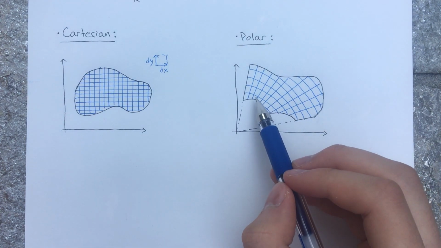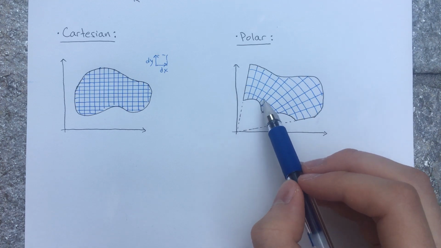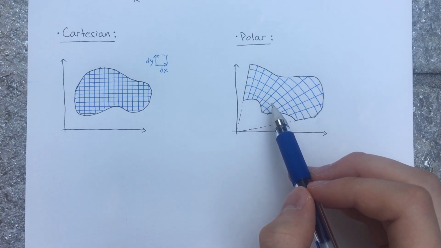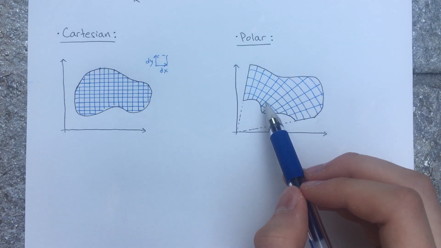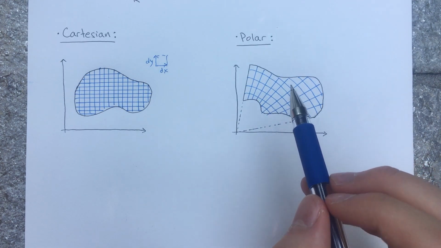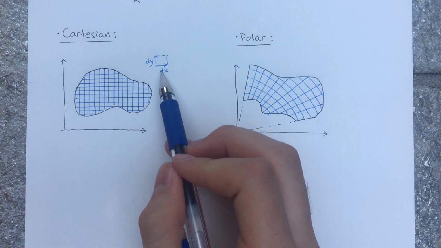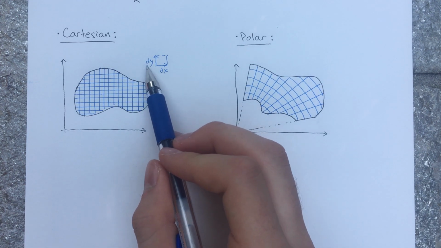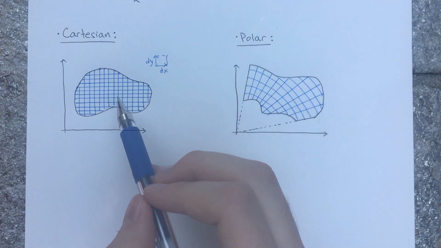So in polar coordinates, we're also going to be increasing r and increasing theta by very small amounts, and creating boxes out of these and adding them all together. But here, there's a slight difference. In Cartesian, dx is a constant amount, dy is a constant amount, and all the boxes are the same size.